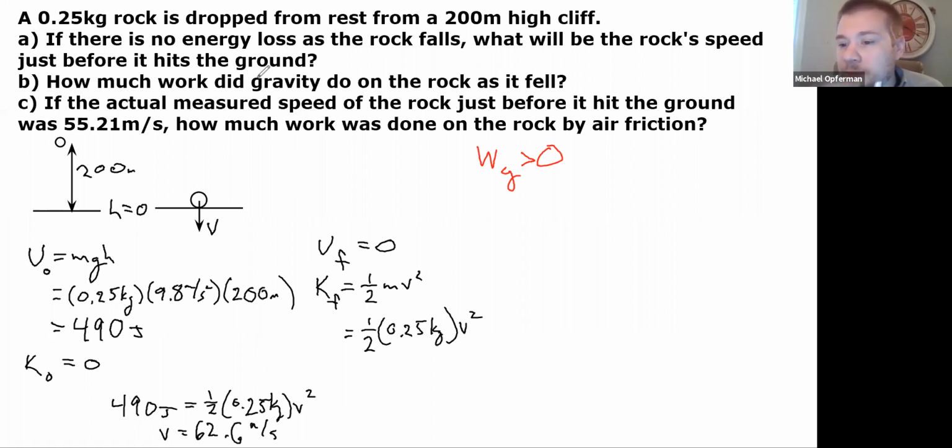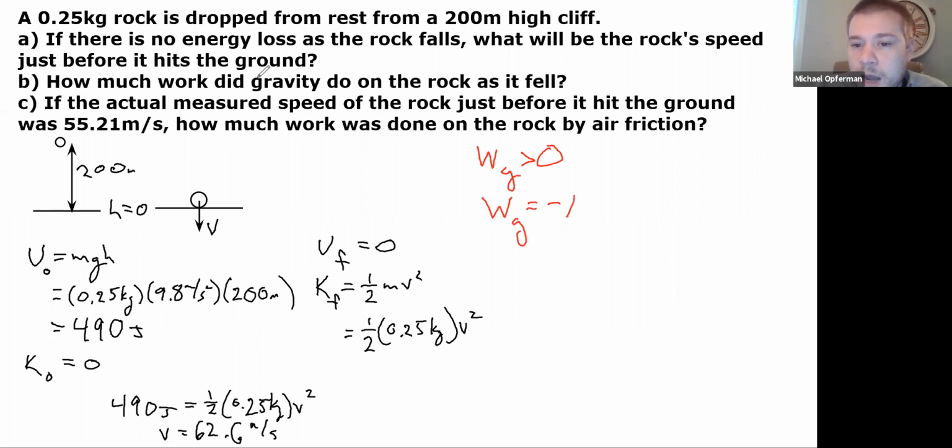Now I need to use some kind of energy change if I'm going to calculate this using the energy-based framework. You could, of course, use the force-based framework here, but I'm going to use an energy-based framework. The quickest way to do this, or the simplest way to do this maybe, is to say that gravity is already being taken into account with a potential energy. So because of that, I can think of this work done as being internal to the system.